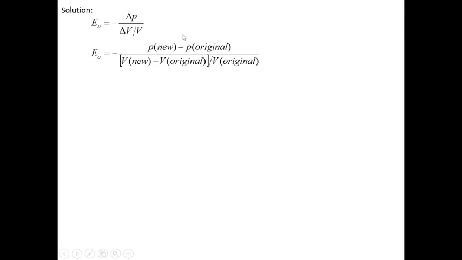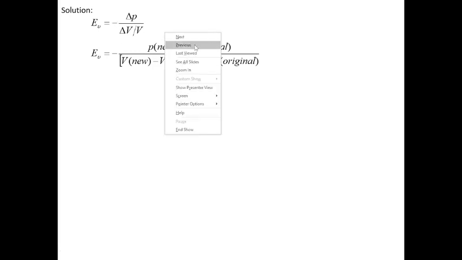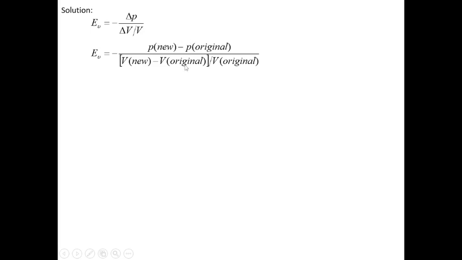We know that negative delta P over delta V over V is the formula for our bulk modulus of elasticity. Delta P is the new pressure minus the original pressure. Delta V is the new volume minus the original volume, all over the original volume.